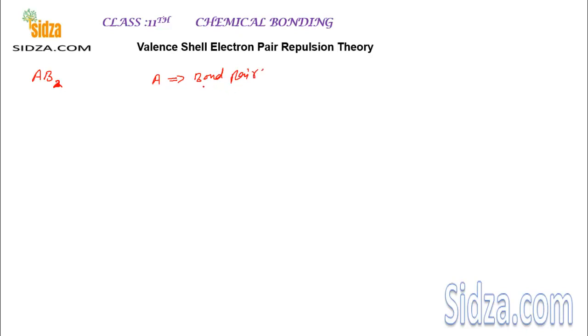Now, what are the possible shapes you can draw here? Suppose I draw a shape like this, with an atom A and atom B, this is one bond, and I can draw this shape. Here the angle between the two bond pairs is 90 degrees.